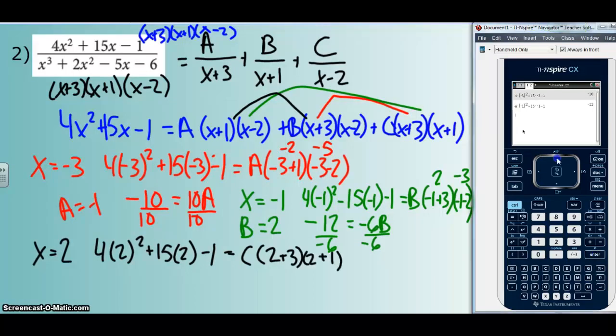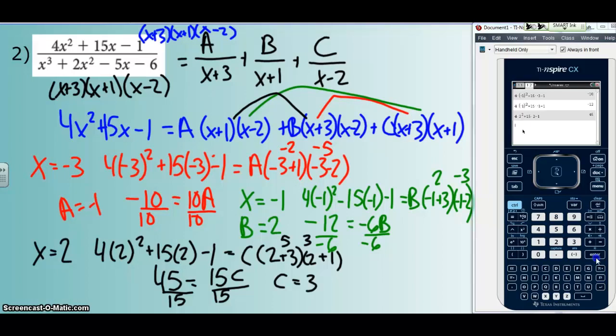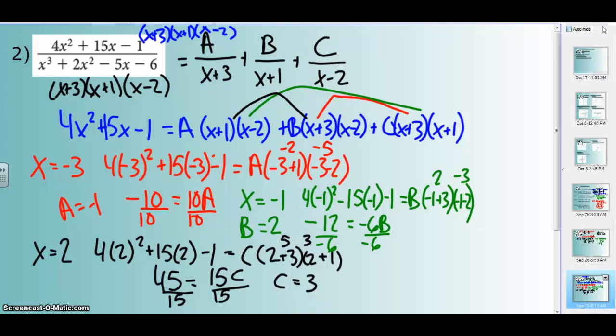So same thing, I'm going to go up and copy and paste and plug 2 in. And I get 45. And then on the other side, I'm going to have 5 times 3 is 15. Divide by 15, and I get 3. So c is 3.